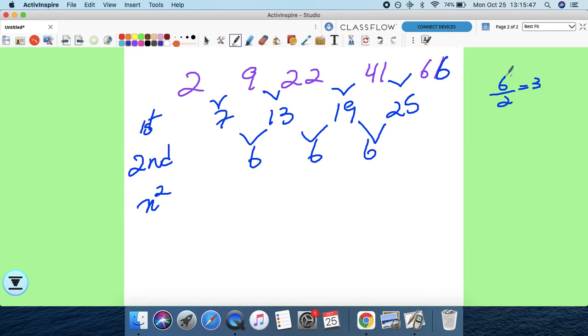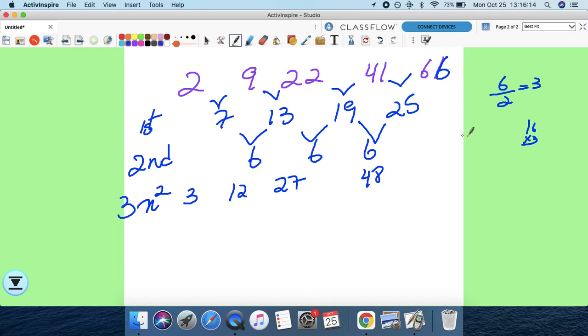You get 3. And part of our rule is going to include 3n squared. So what does a 3n squared sequence look like? Well, substitute. 1 squared is 1 times 3 is 3. 2 squared is 4 times 3 is 12. 3 squared is 9 times 3 is 27. 4 squared is 16 times 3 is 48.